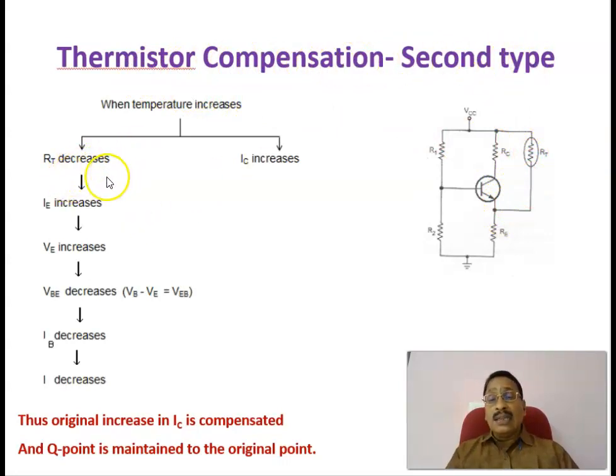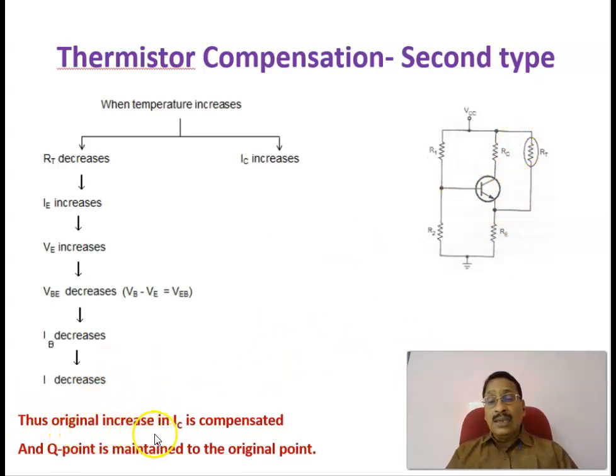That is explained here. As temperature increases, RT reduces. As RT reduces, emitter current increases. As emitter current increases, the drop across RE increases, or VE increases. As VE increases, VBE gets reduced, and IB gets reduced. As IB gets reduced, IC decreases and is brought to the original value.